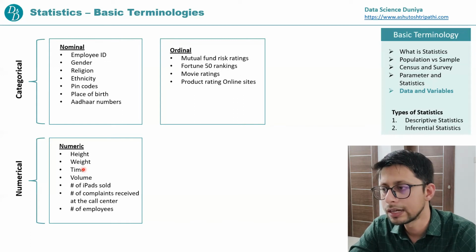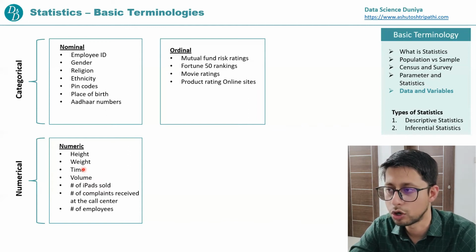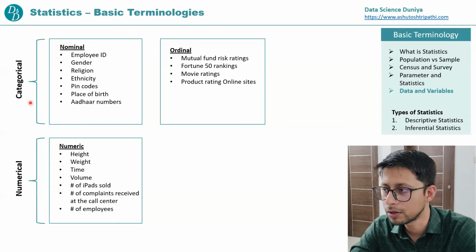So it depends on what format the data is given in, and you need to bifurcate by yourself by applying your common sense. But in a very general scenario, if there is a limit, then most probably it will be a categorical column, and if there is no limit, kind of countably infinite, then that is a numerical column.